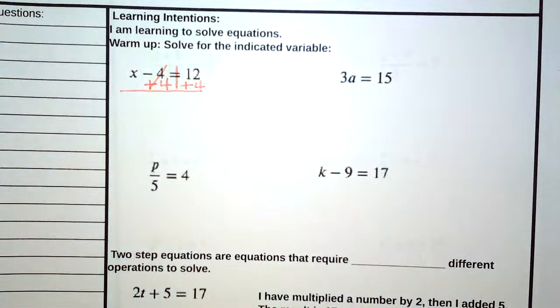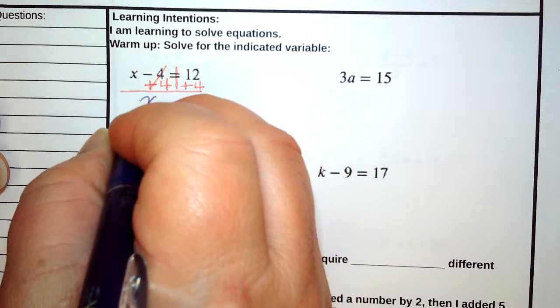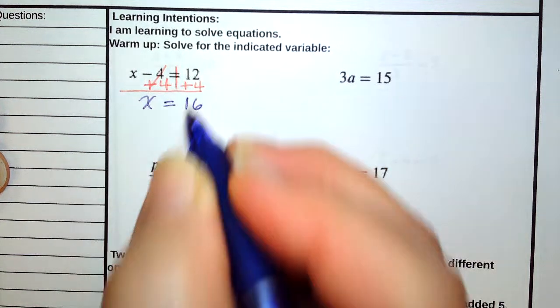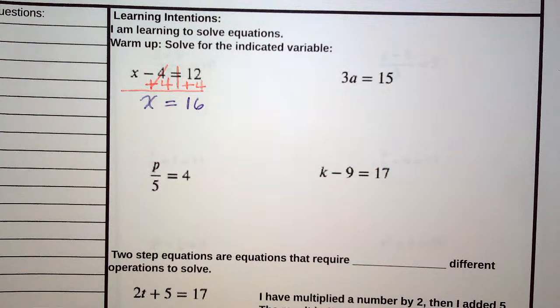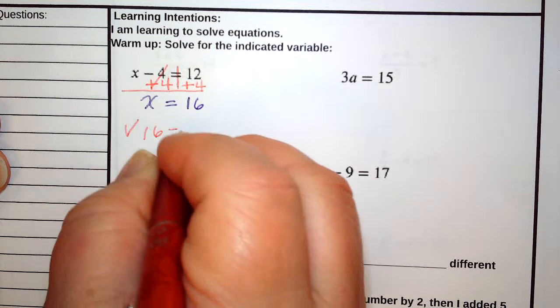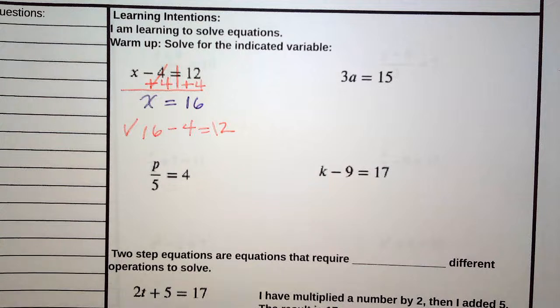Negative 4 plus 4 is 0. X is equal to 12 plus 4 is 16. If I want to check, 16 minus 4 is equal to 12, and I know I've got the right answer.